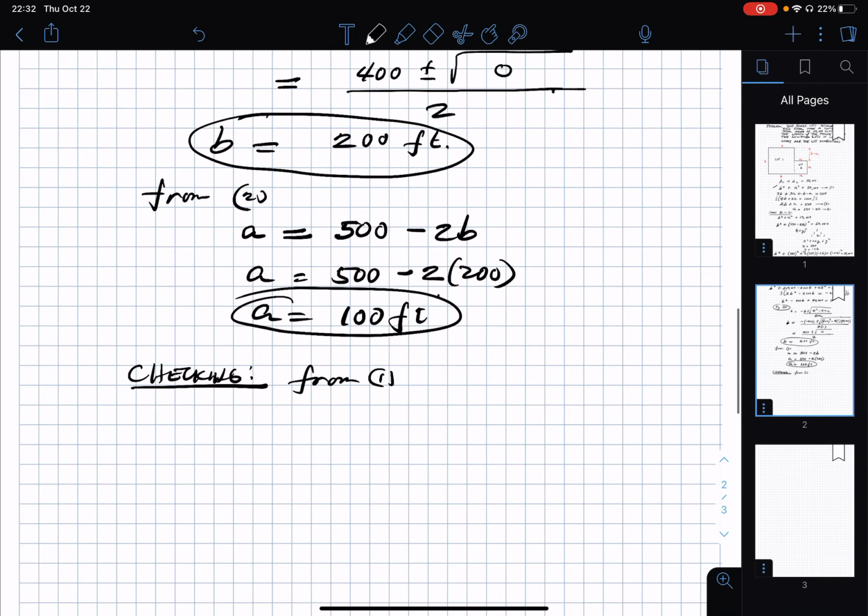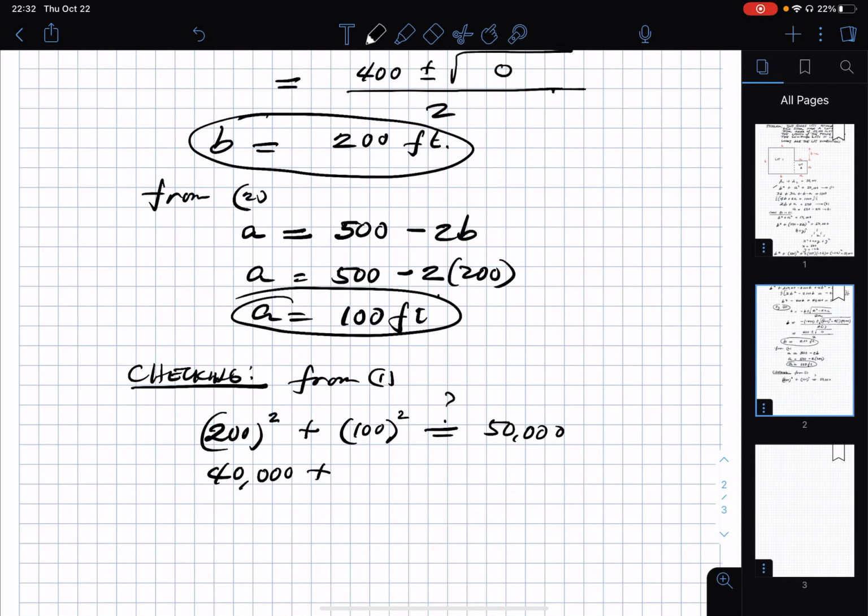Okay, so 200 squared plus 100 squared, is it 50,000? Okay, so 200 times 200 is 40,000 plus 100 times 100 is 10,000, is 50,000. Okay, so 50,000 equals 50,000. So our answers are correct.